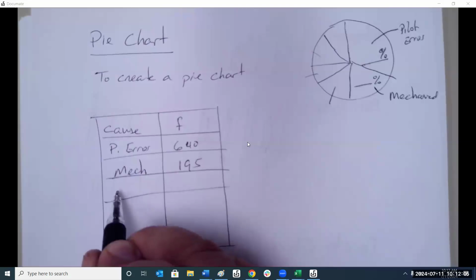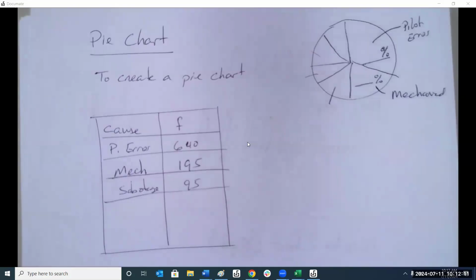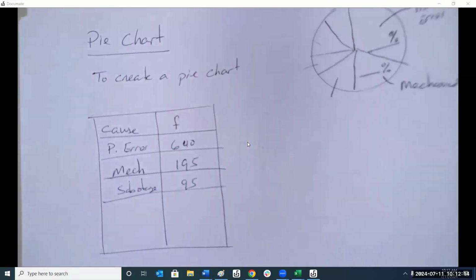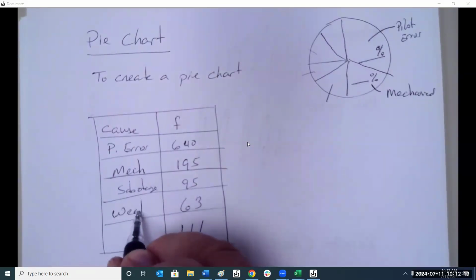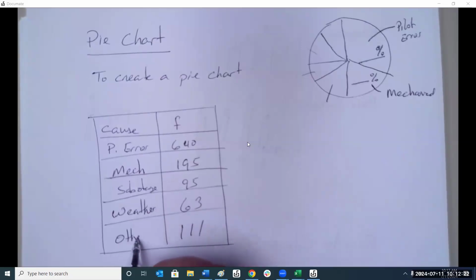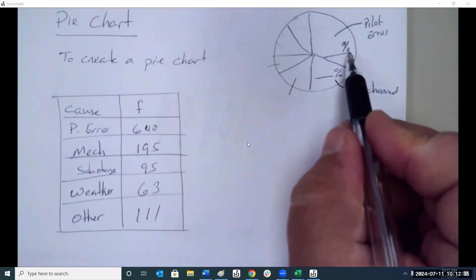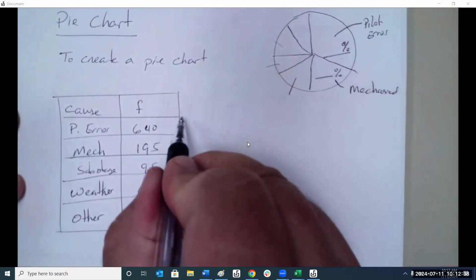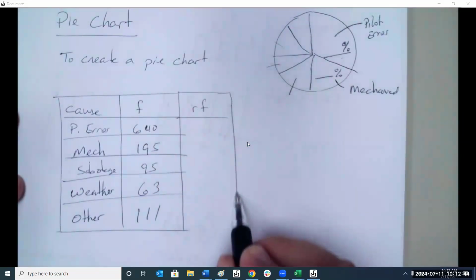Sabotage is 95. Weather and other. Because in order to find the percentage of this circle, we have to find a relative frequency value.